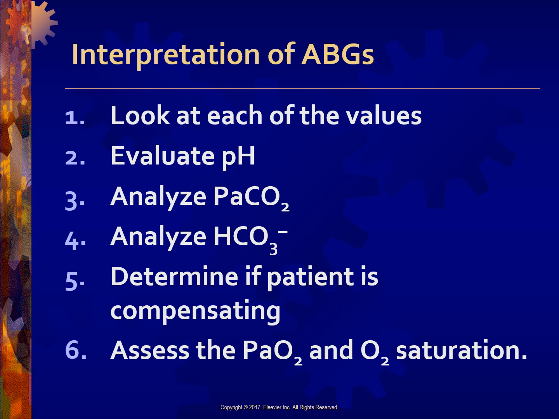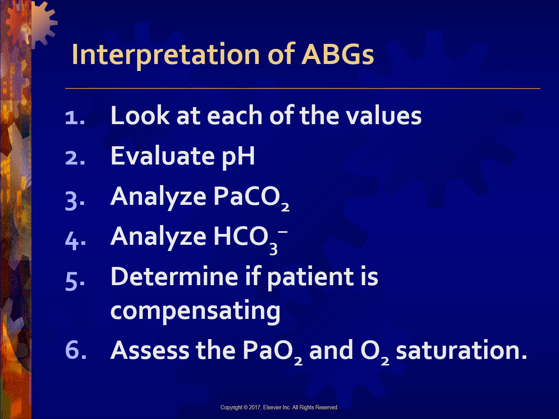So you're going to determine the cause. What you're going to do next is analyze the CO2 to see if the patient has respiratory acidosis or alkalosis. Since the lungs control the PaCO2, it's going to be the respiratory component of the blood gas. Because CO2 forms carbonic acid when dissolved in blood, a high level of PaCO2 decreases the pH and indicates respiratory acidosis.